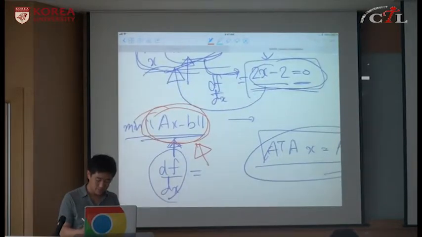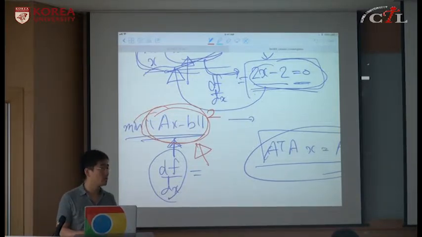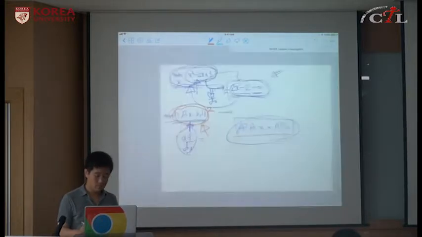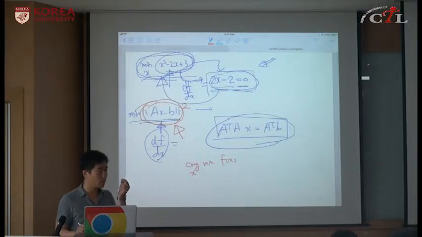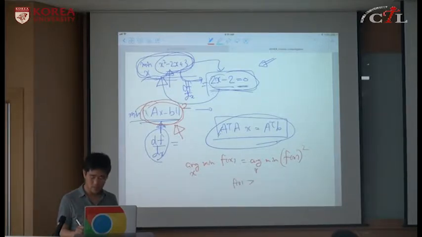So we just make it this. The norm is positive, and so minimizing f(x) will be the same as minimizing f(x) squared, in case f(x) is always greater than or equal to 0.